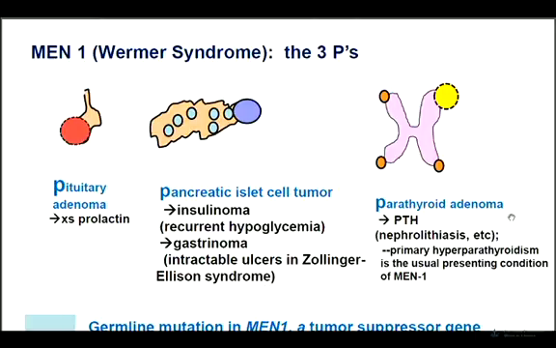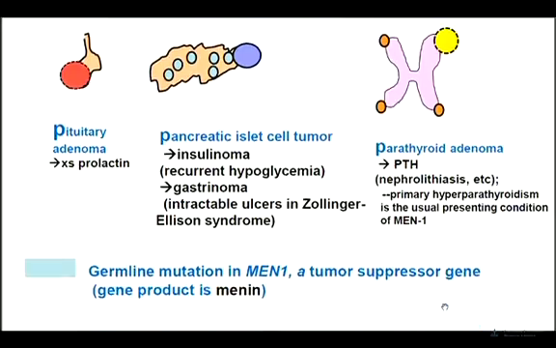And finally, a parathyroid adenoma, which we've discussed, so it's parathormone producing, and that's the most usual presentation of type 1 MEN. The genomics of this are now known, so there is a tumor suppressor gene called MEN1, whose gene product is menin, and this is mutated in MEN1.